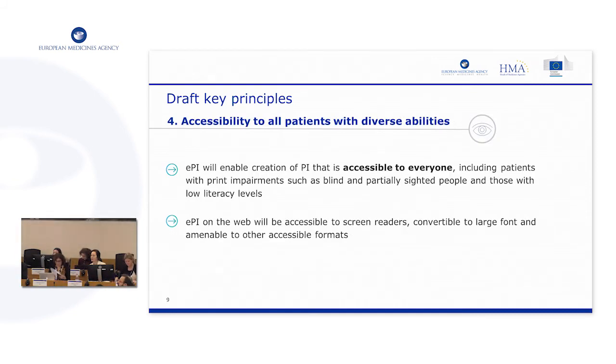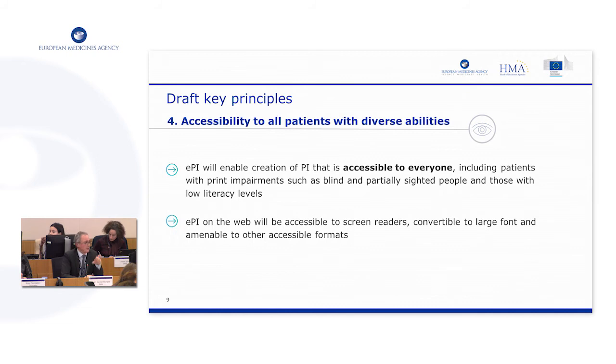The fourth principle, and again, I hope that it doesn't create confusion, because it goes in the same direction. It tries to describe some of the benefits that we believe electronic standards will bring, and which is that it will, and this is not new, we have seen a lot of examples, allow this information to be more accessible to everyone, depending on their needs, and specifically for patients with some print impairments, such as blind or partially sighted people, or those even with low literacy levels.